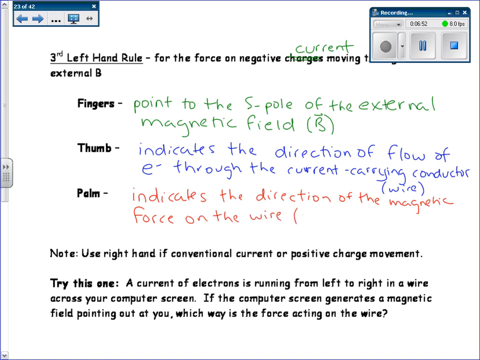In other words, it shows which way the wire will move when it's placed in that external magnetic field. And notice again, you use your right hand for conventional current or positive charge. And then just to remind you, dot means out of the page, and X means into the page.